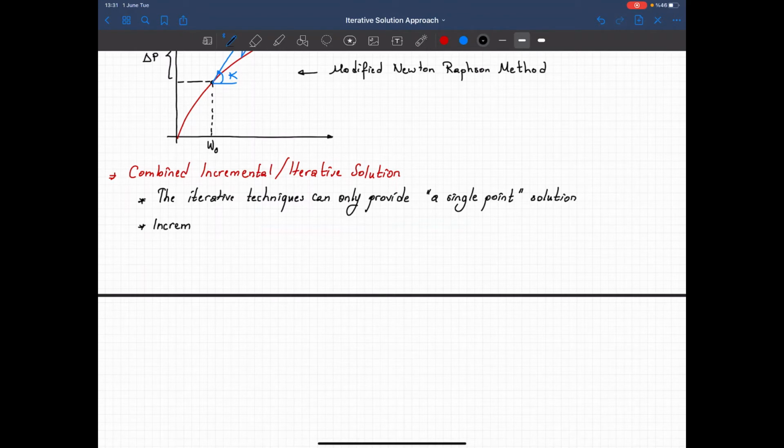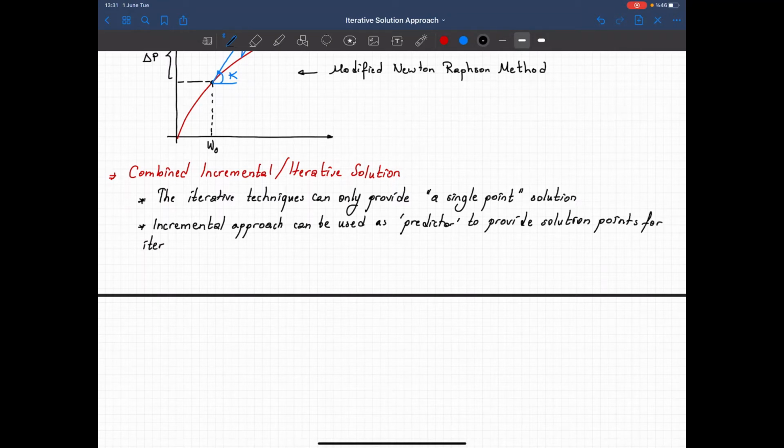The incremental approach can be used as a predictor to provide solution points for iterative techniques to trace the complete load deflection response.